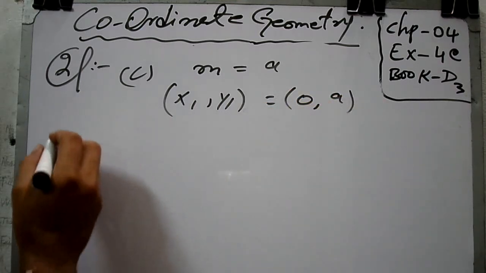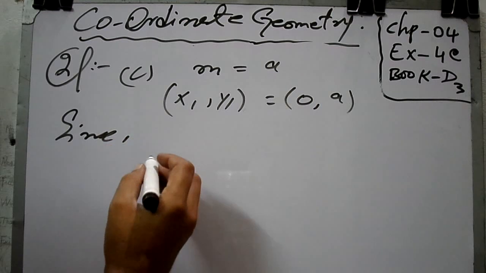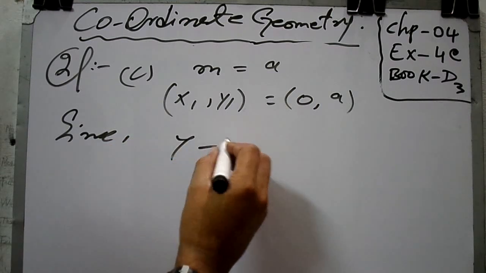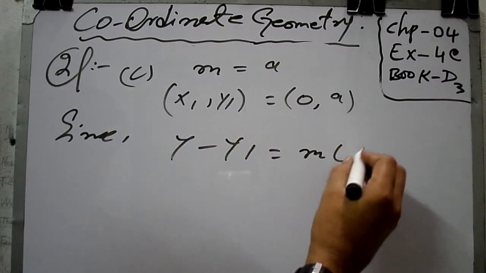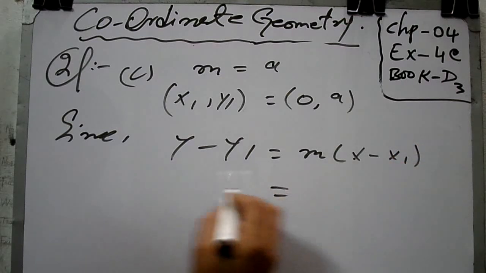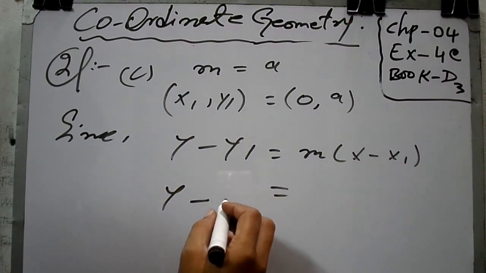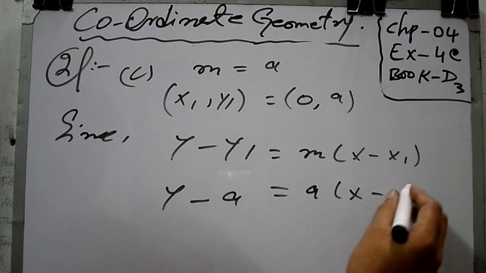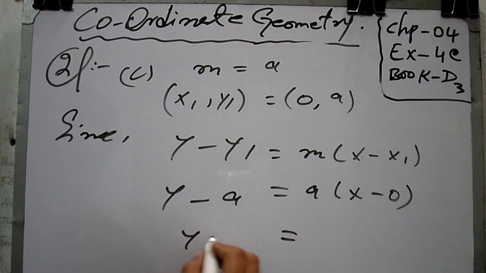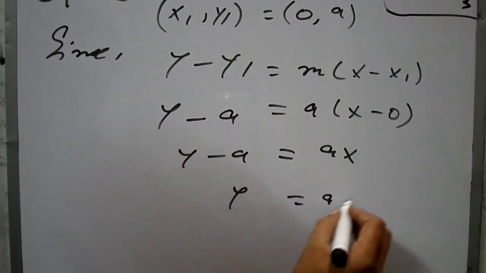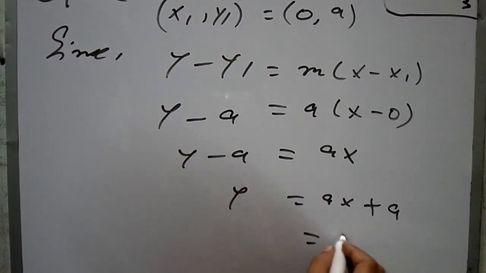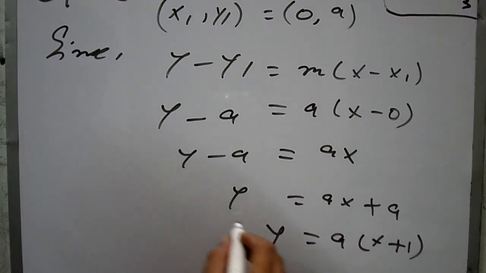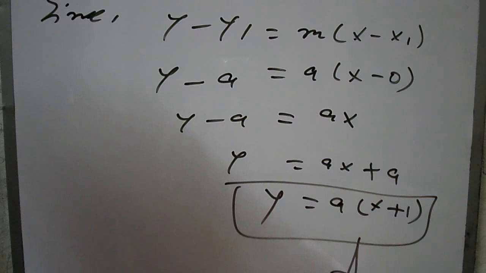Since we have the point slope equation y minus y1 equals m into x minus x1, putting the values, that is a, slope is a, x minus 0, so by simplification you will get ax, so y is equal to ax plus a, taking a common, a into x plus 1. So that is your required equation.